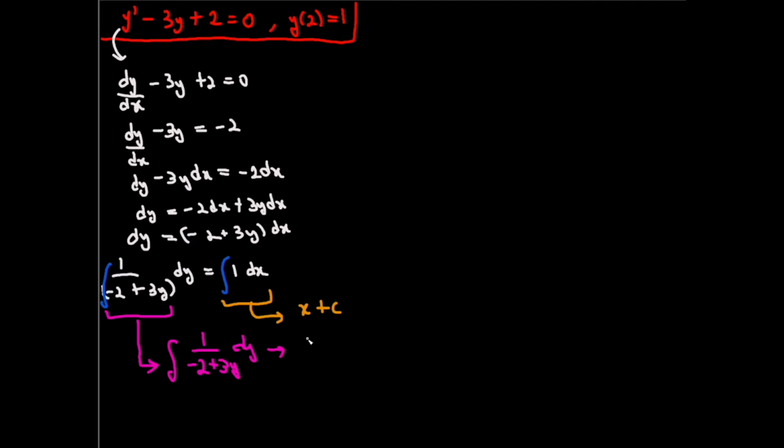Okay, so let u equal minus 2 plus 3y. Now du will equal, well, this goes to 0, this goes to 0, and then this is just 1, and this is 3 dy.